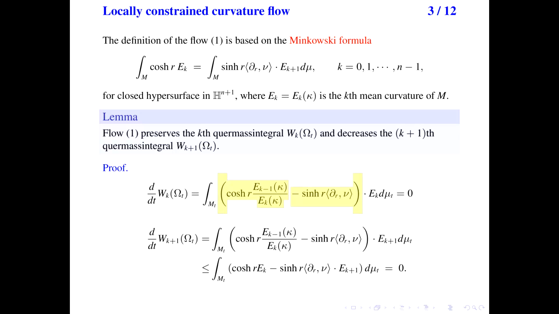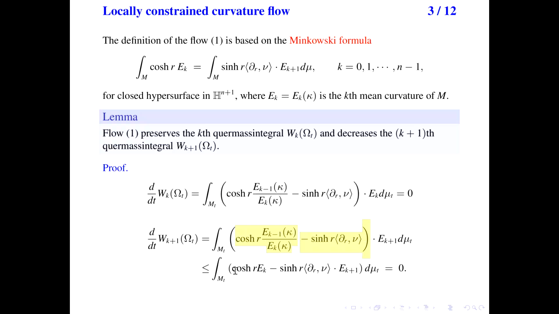And similarly, we see that the time derivative of W_{k+1} is the integration of the speed times E_{k+1}. And then here we apply a Newton-Maclaurin inequality, and then see that E_{k-1} times E_{k+1} over E_k is smaller than E_k.